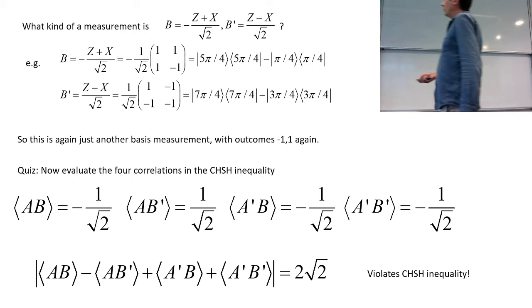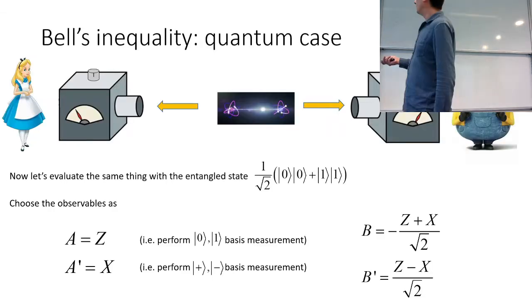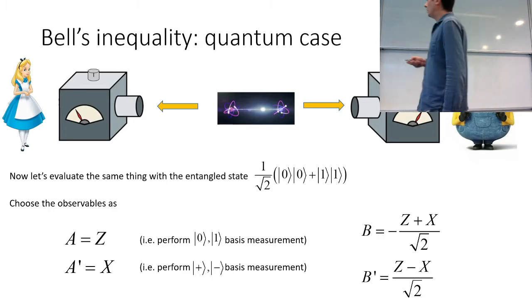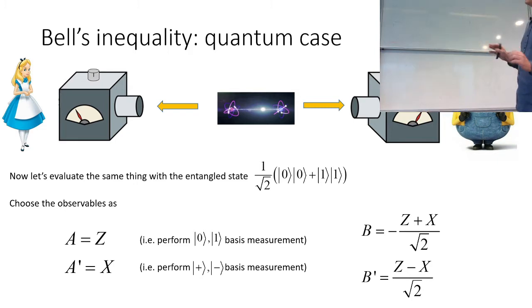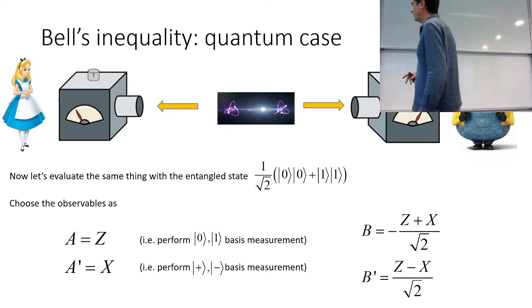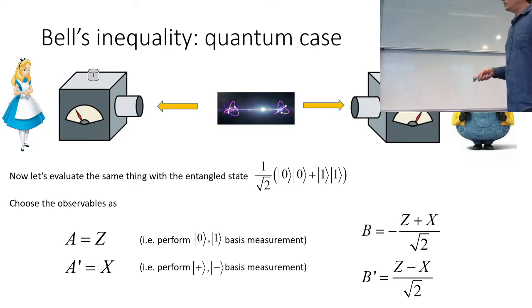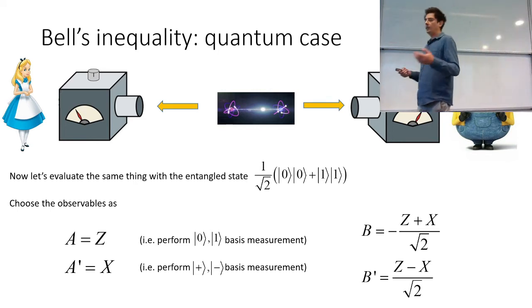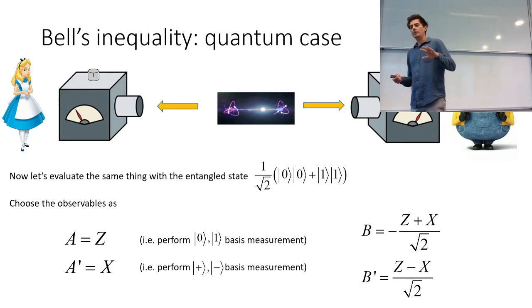Well, as usual, the observable means, we've got two types of observables for each party, Alice and Bob. Really it comes down to some measurement that each box makes in a particular basis.